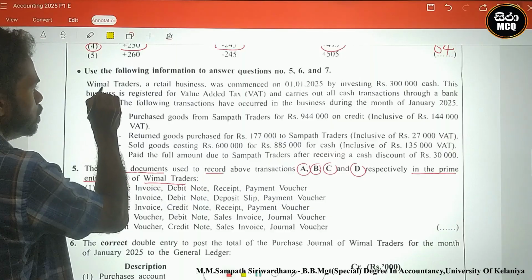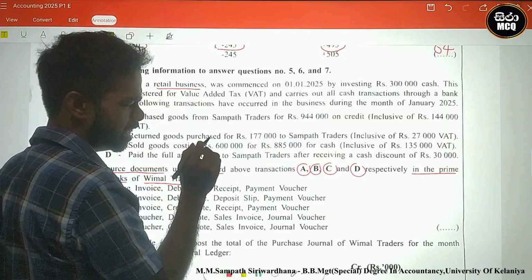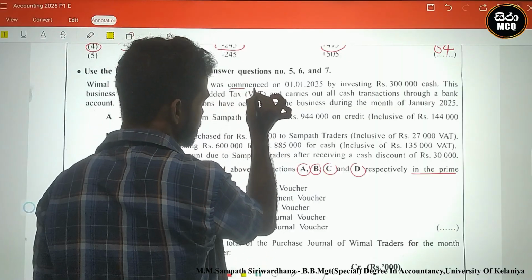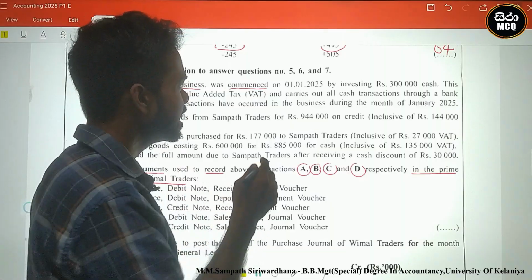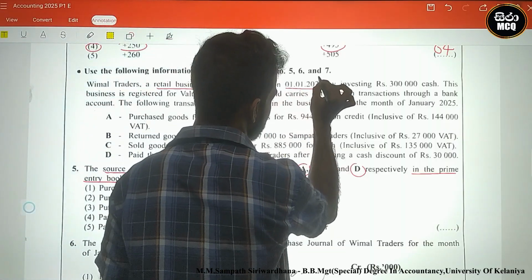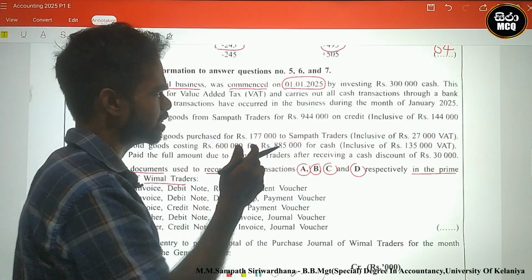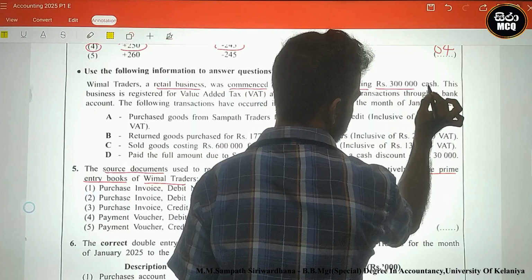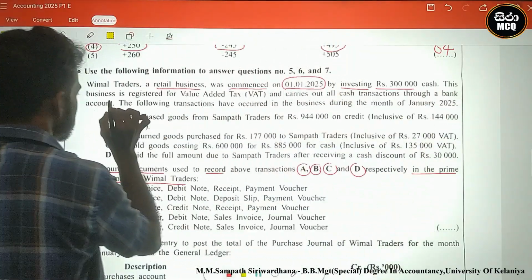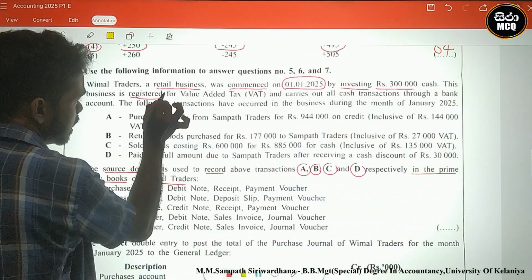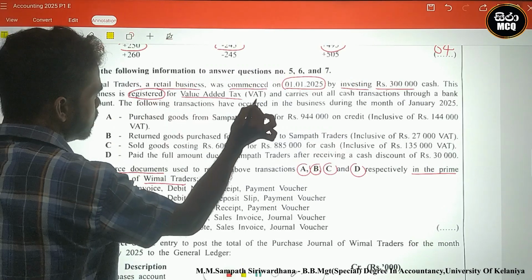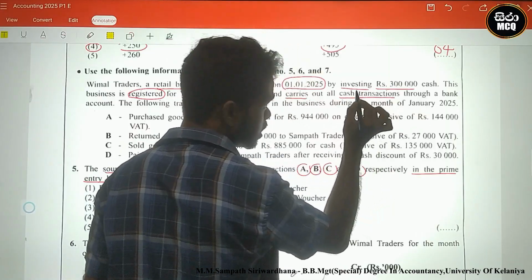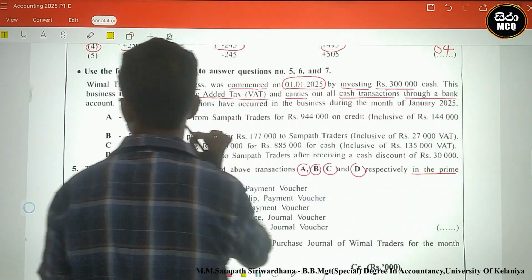Vimal Traders, a retail business, a buying and selling business, was commenced on 1st January 2025 by investing 300,000 in cash. This business is registered for value added tax and carries out all cash transactions through the bank account.